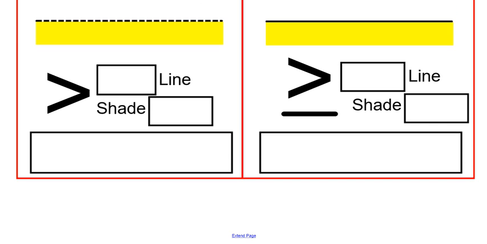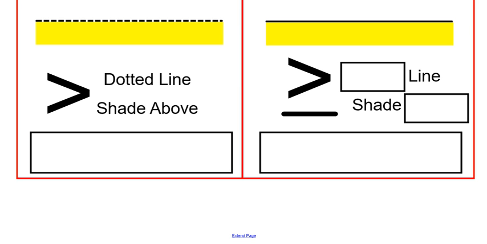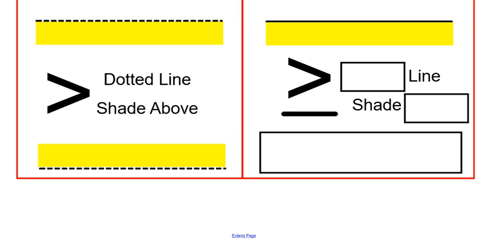All right, so now we have our greater than symbols. So just the greater than is going to be a dotted line, and I'm going to shade above the line. So that's what this is going to look like. So make sure you're drawing a little image of your line and the shading so you can understand what it's talking about.